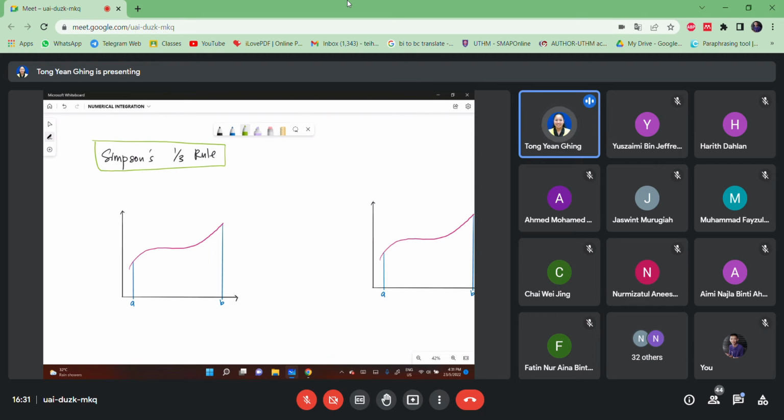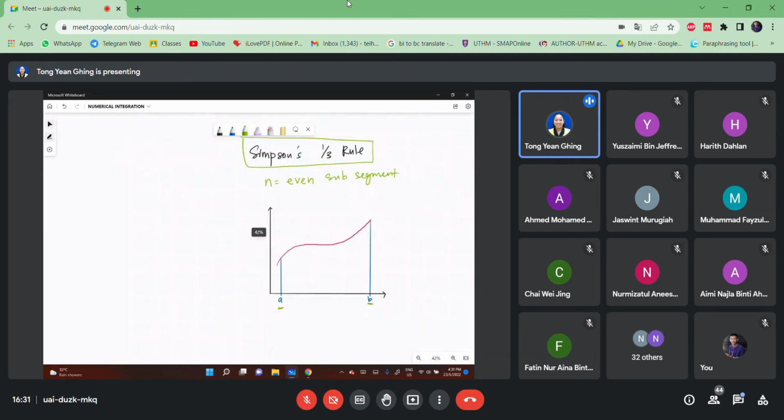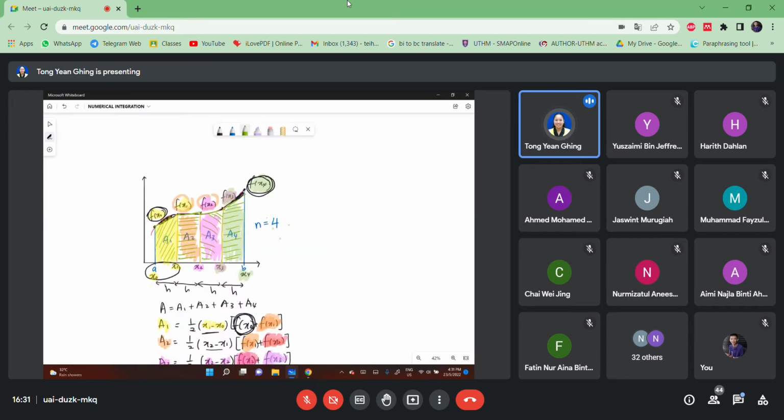So Simpson's one-third rule is, from this A to B, we divide it into sub-segments, where the number of sub-segments, which I call N, is an even number. Just now I divided into 4, but if we want to use Simpson's one-third rule, we have to divide into an even number.